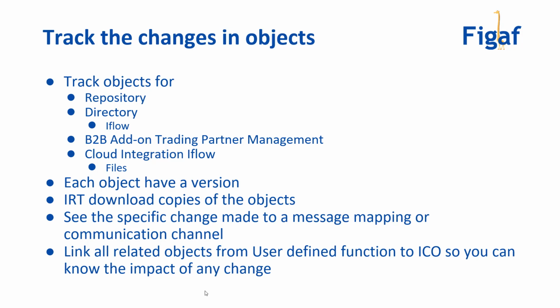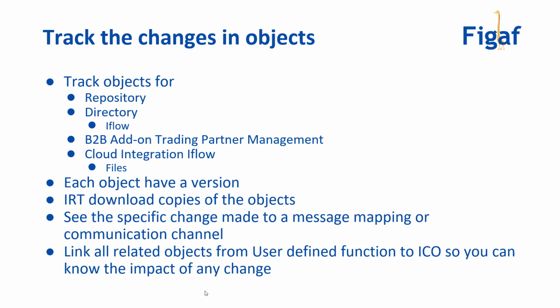Then each of these objects would have a version, so you can obviously have multiple different versions of an object. And what happens is the ERT system would log onto the system, download all of these components, and then you can actually browse them on the ERT server.